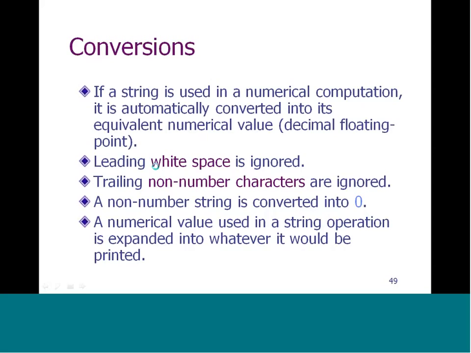A couple of things to note. One is that leading white space characters are ignored. So if you start with a blank and then a number, the blank is ignored and only the number is taken, and the trailing non-number characters are ignored.